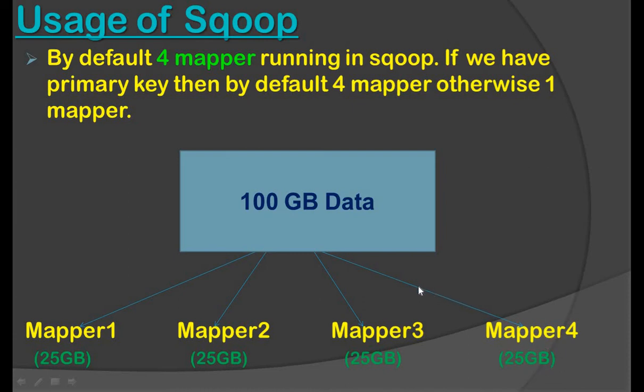So these 4 mappers will work in parallel, and after processing, this 100 GB of data can be transferred from RDBMS to HDFS or from HDFS to RDBMS. In this way, Sqoop uses mappers.